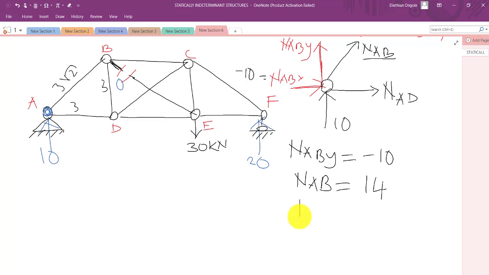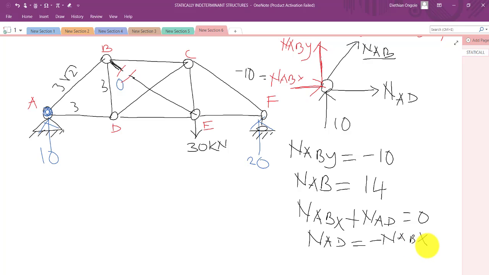So if I sum up the forces in the x direction, I would find that N_ABX plus N_AD is supposed to be equal to 0. So my N_AD would be equal to negative N_ABX, since N_ABX crosses the equation and becomes a negative.